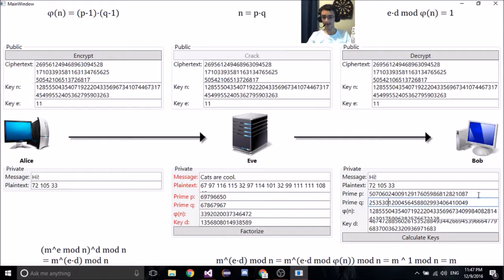A 2000-bit key is about 20 times more digits than this, and it is relatively impossible to crack unless you use a quantum computer.